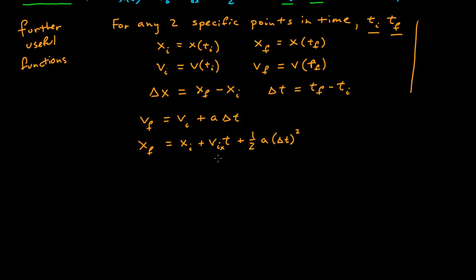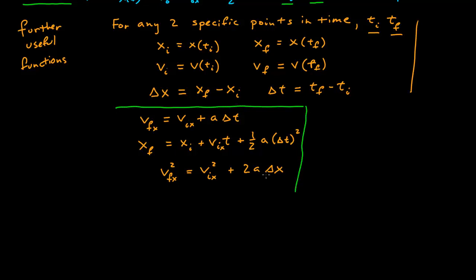And these are the x components of the velocity as well. And then finally we have the final velocity squared is equal to the initial velocity squared, and I'm keeping the x components just to remind myself, even though there isn't a velocity in the other direction, it's still the x component of the velocity, plus 2 times the acceleration times the displacement.